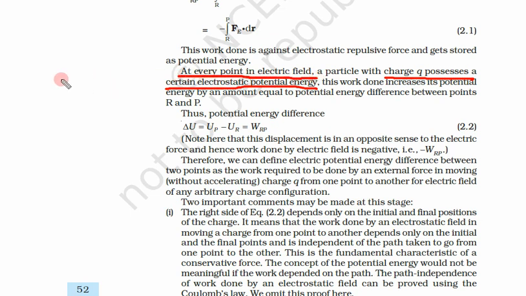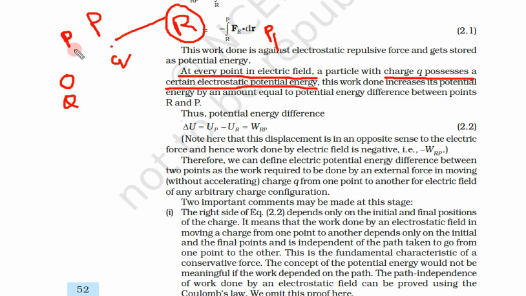So at every point, this was capital Q, this was small q, and you are bringing it from R to P. Even at R, it has some potential energy which could be P1. At this point it is P2.